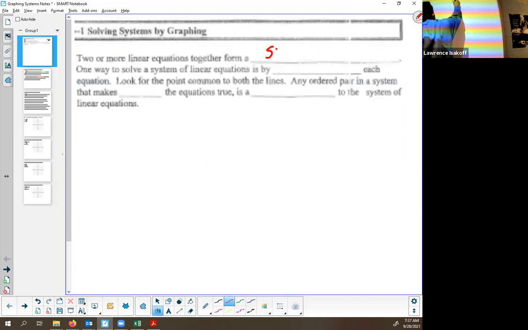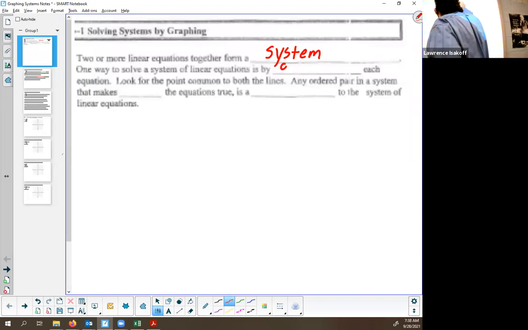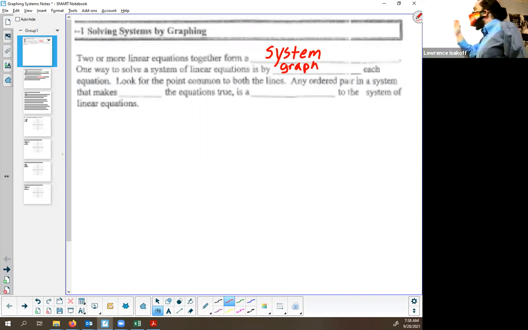One way to solve a linear system of equations is by graphing each equation and looking for the point common to both lines.